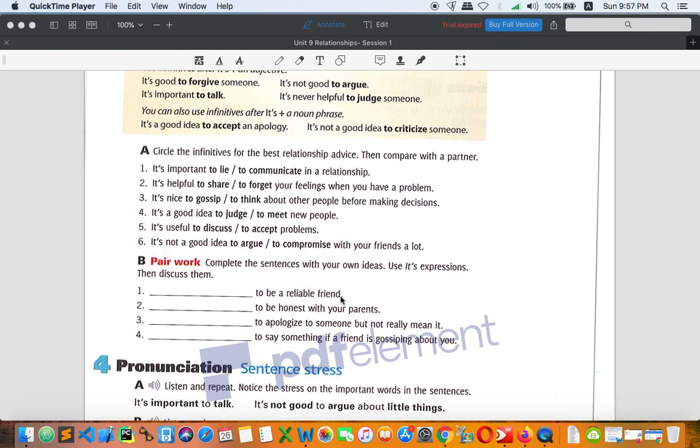For the first one, to be a reliable friend, you can say it is helpful to be a reliable friend. It is helpful, so I use an adjective. Or maybe you can come up with a noun phrase like this: it is a good idea to be a reliable friend. So you can do number 2, 3, 4 on your own.